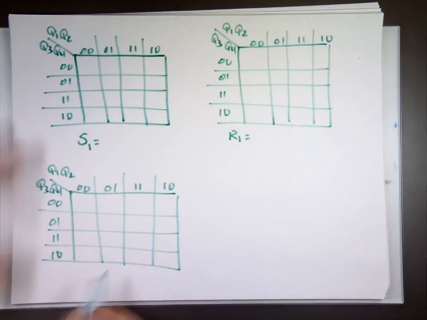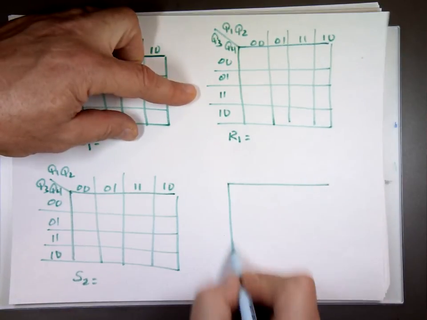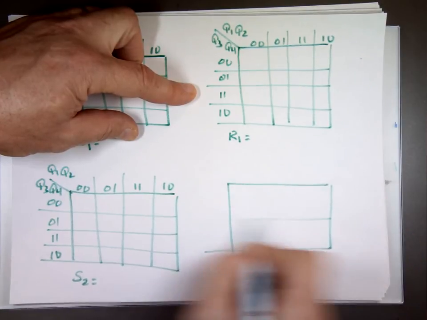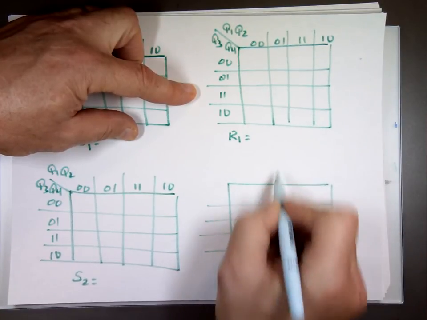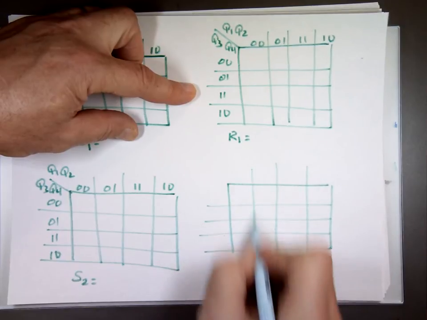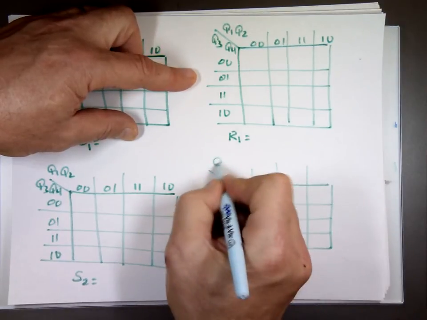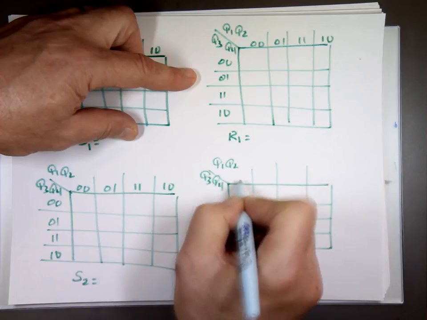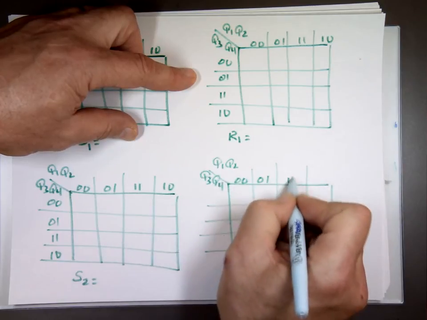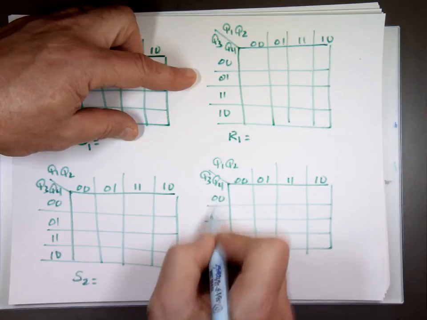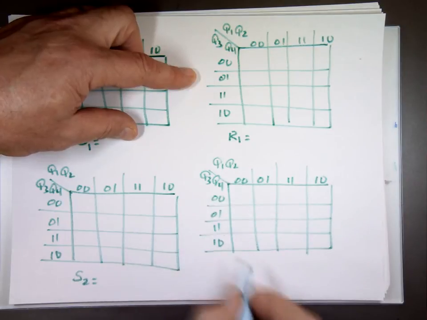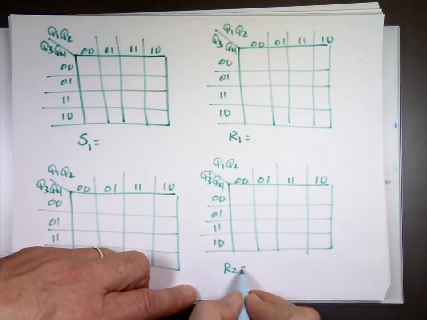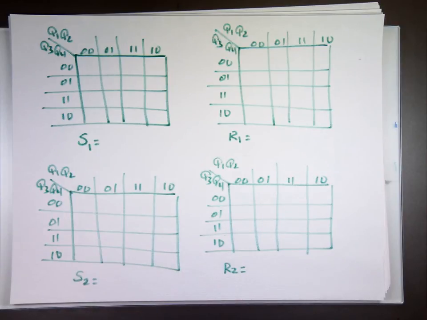S2. Q1, Q2, Q3, Q4. So let me do the first 4 columns. Then we'll see. This is S1.